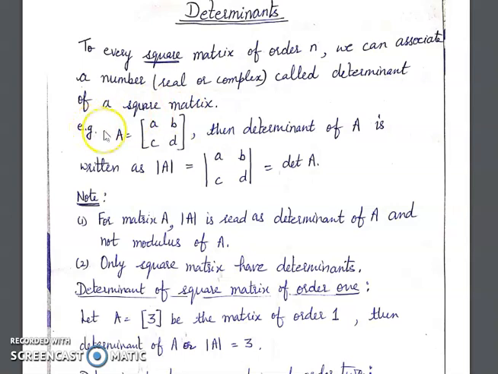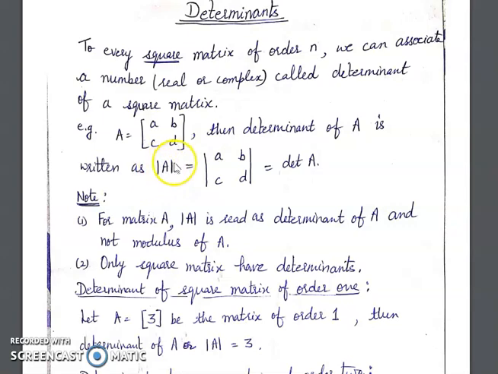For example, A is the matrix consisting of the elements a, b, c, d. Then the determinant of A is written with these two parallel lines with A between them. Earlier we called it modulus, but it is not modulus, it is the symbol of the determinant.